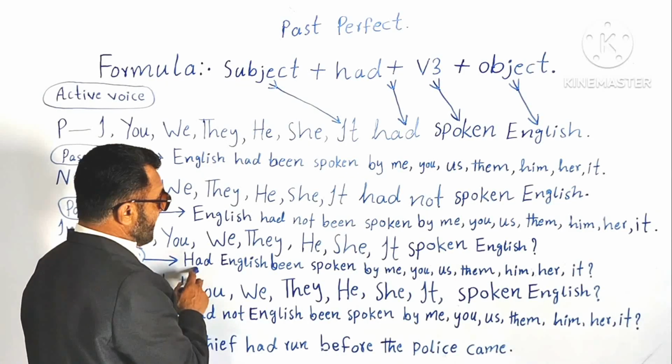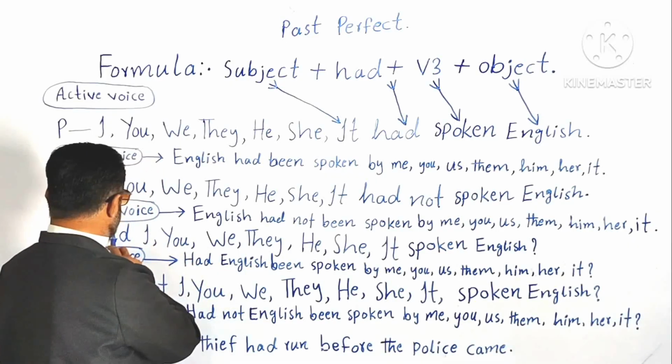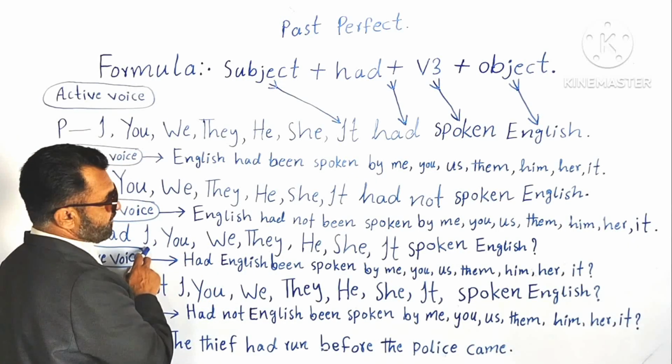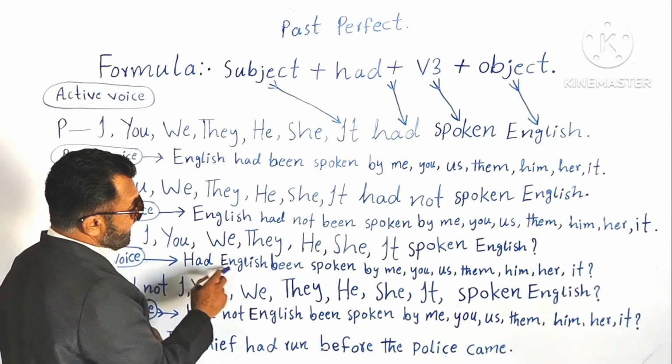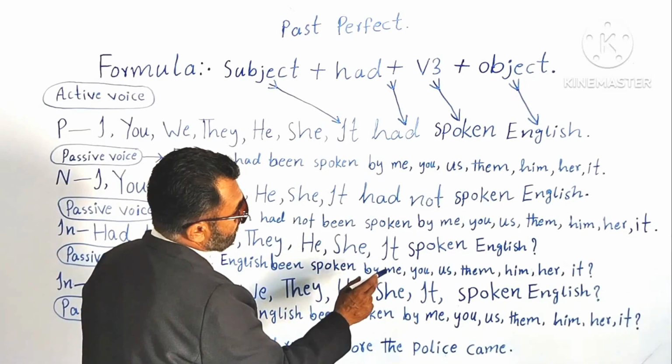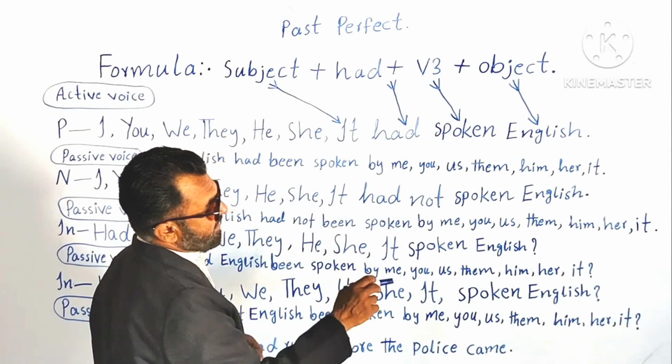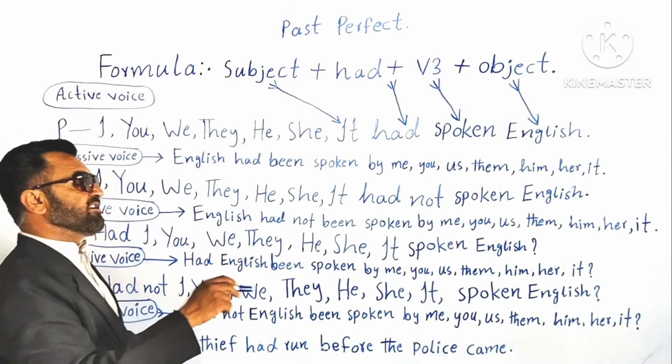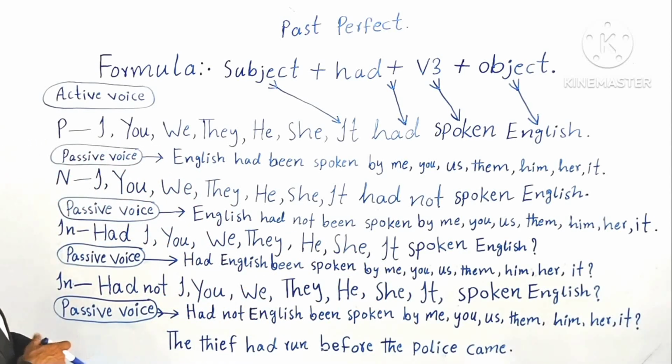You see, had, then the subject. Had English been spoken? Had English been spoken by me, by you, by us, by them, by him, by her, by it, by Ali, etc. Understood?